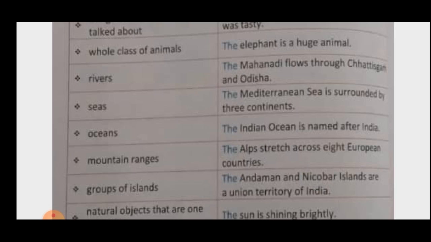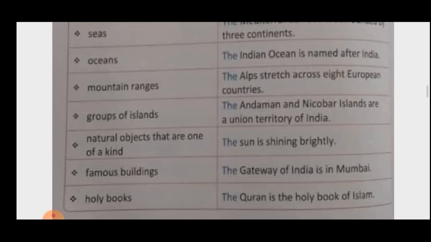Next, mountain range. Now if you see that the name of mountain range is given, before that we have to put the. The Alps stretch across 8 European countries. So here Alps is the mountain range, and before that we have to use the as article.